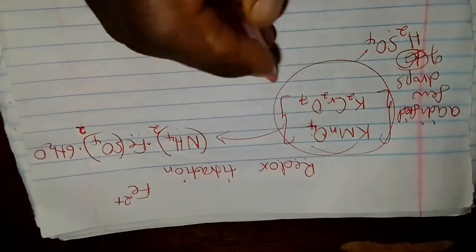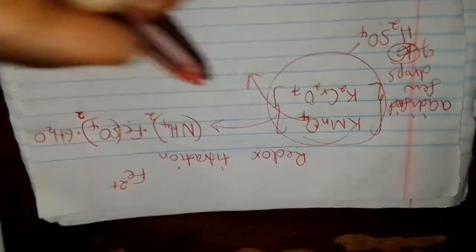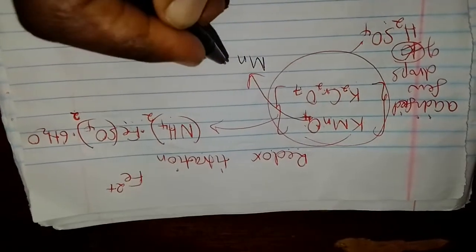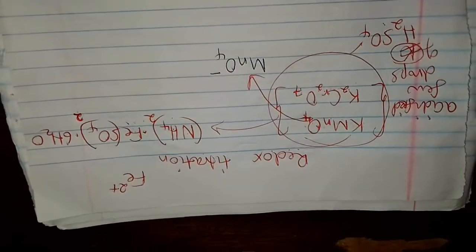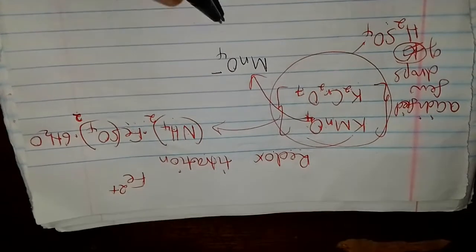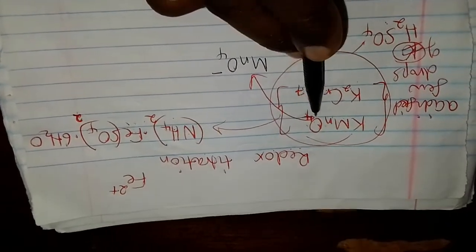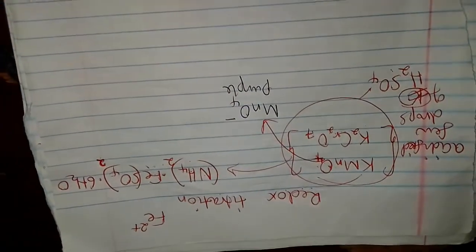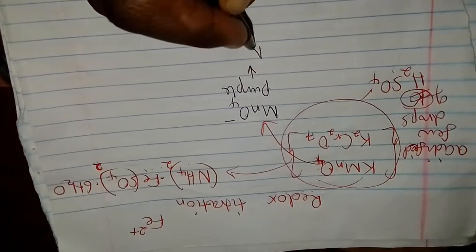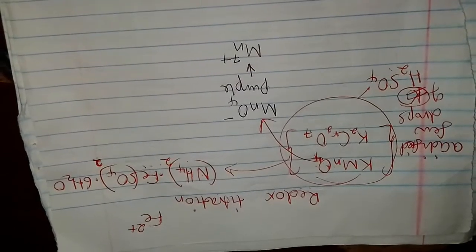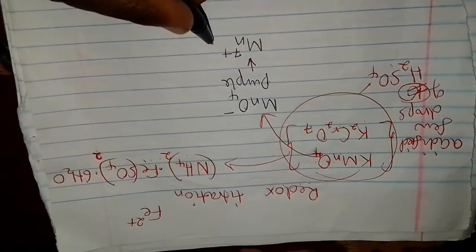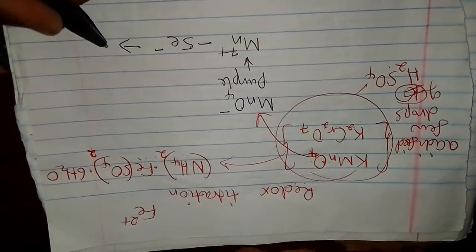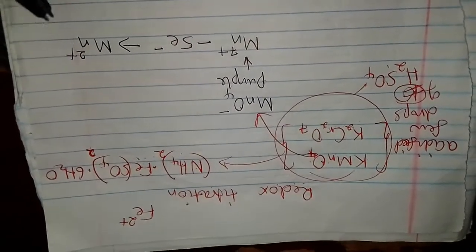Now let me use this practical example. For example, in this potassium manganate 7, we have manganate 7 ions. The manganate 7 ions are able to give this potassium manganate 7 its purple color or appearance. And in this case, the manganate 7 ions are able to gain 5 electrons to end up forming manganese 2 ions.